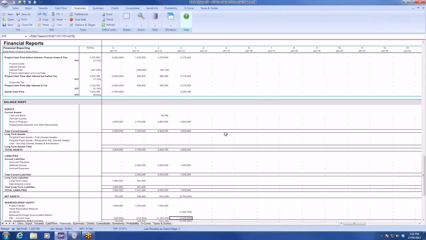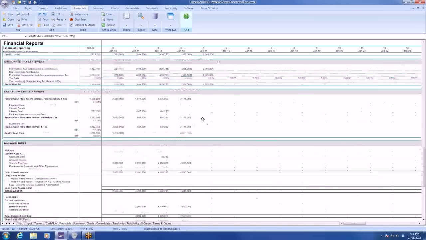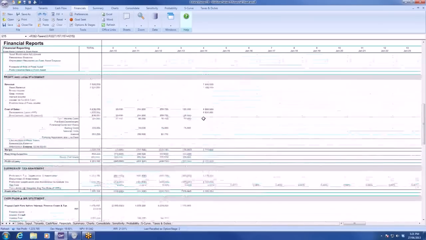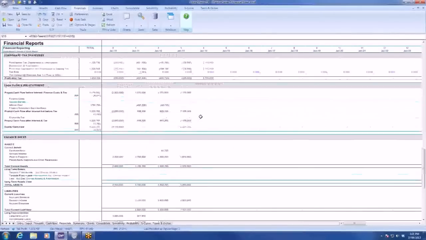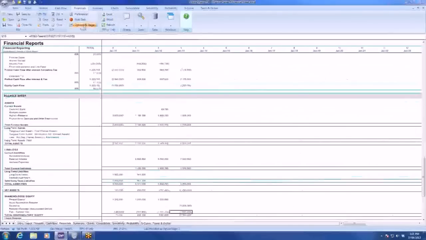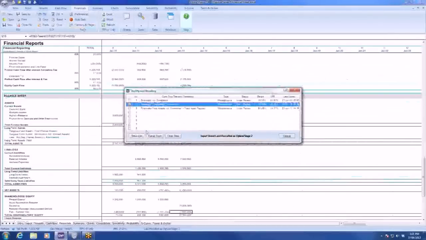Now, you remember in the P&L we had a steady amount of profit being accumulated here. In the percentage completed, it does it a different way, and this is important to identify.